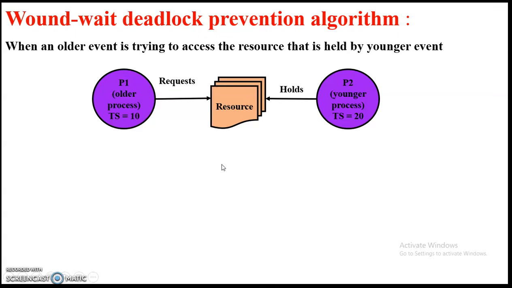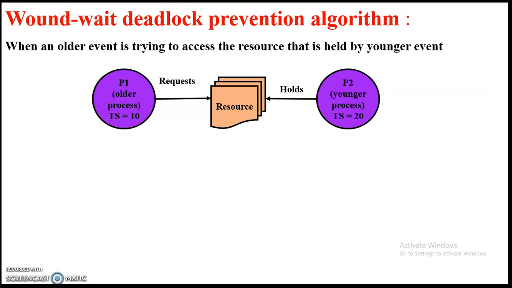Whenever an older process requests a resource, and that resource is held by the younger process, then the older process will preempt the younger process. That is why it is a preemptive approach. Map this concept to a real-time scenario wherein the younger people always respect the older people.